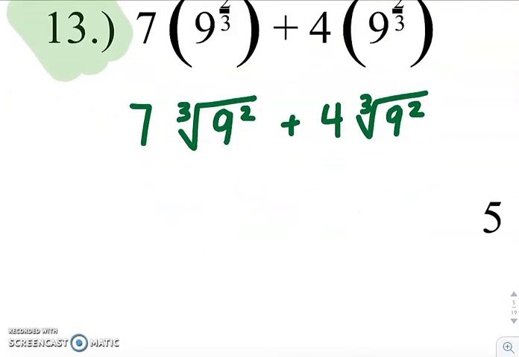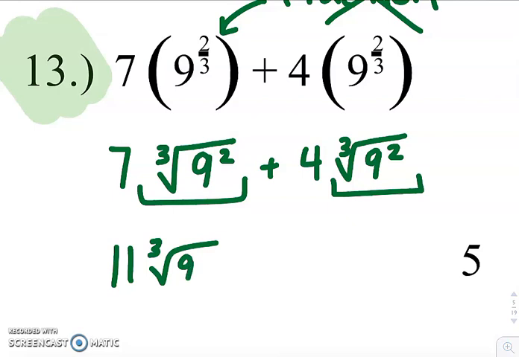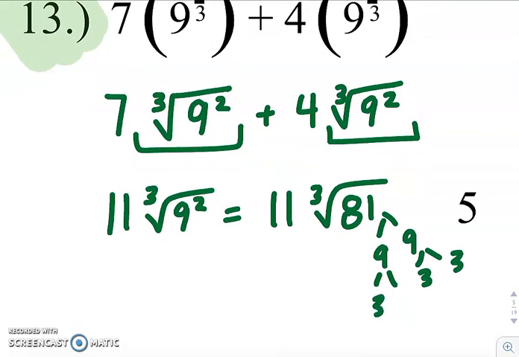So we could then say, since both roots are the same behind the 7 and the 4, how many cubed root of 9 squareds do we have? 11. But 9 squared, we would want to make sure we can't simplify that, because we know 9 squared to be 81, correct? So if we factored that just to make sure it was simplified, we would see that there actually is a perfect third root in there.